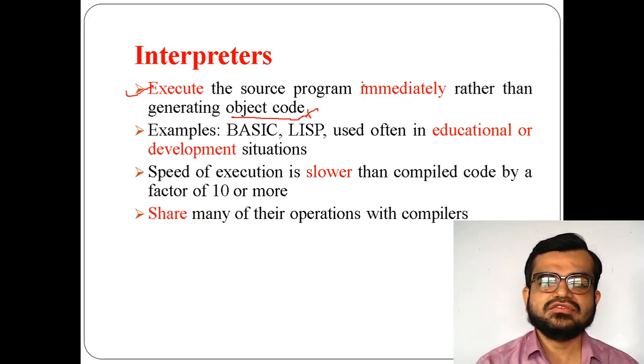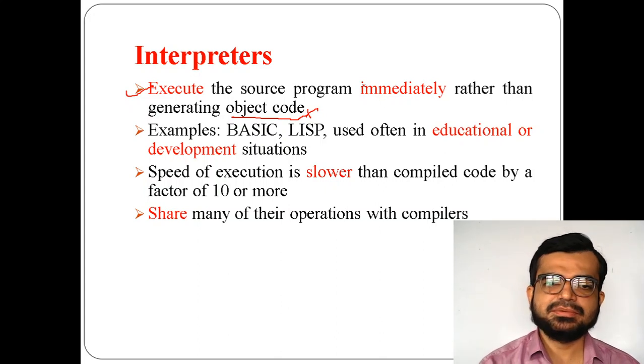So that's why the speed of execution is less compared with a compiler. It has a similarity because it is also a translator, but there are differences as well. So this is about the interpreter.